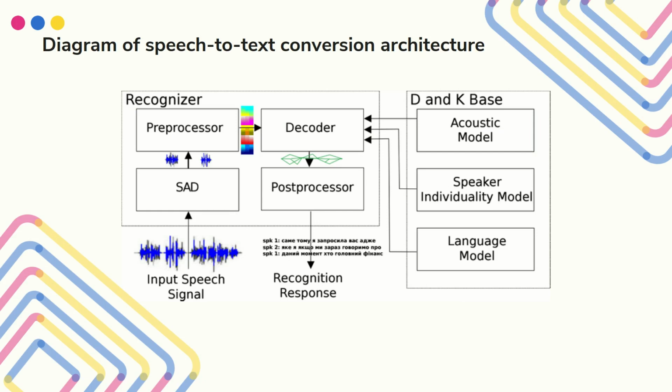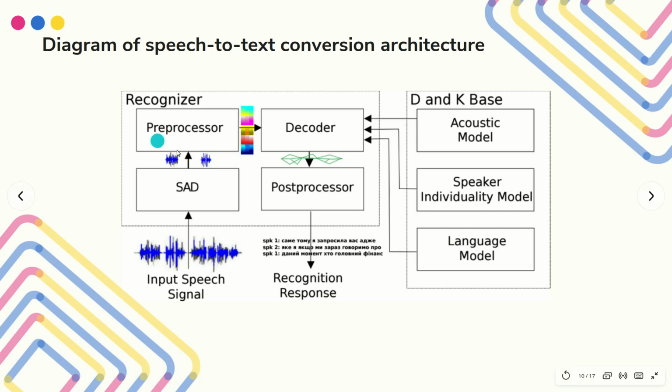Moving towards our goal, we integrated a punctuation restoration module into the speech-to-text conversion system for Ukrainian broadcast. The input speech signal is segmented by the presence of speech using a speech activity detector module.